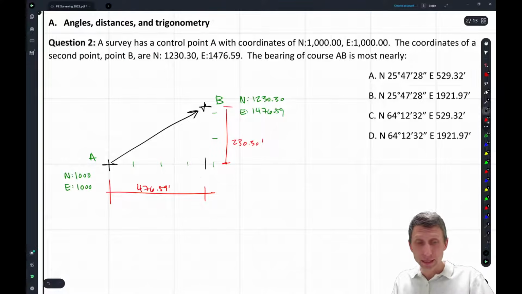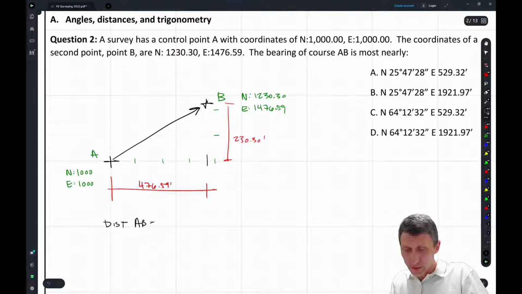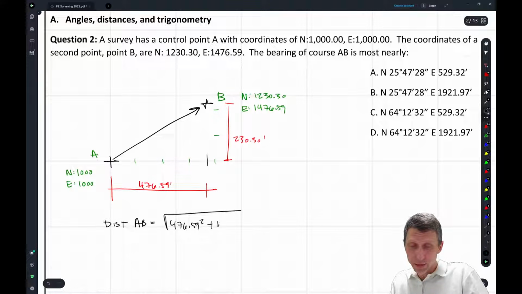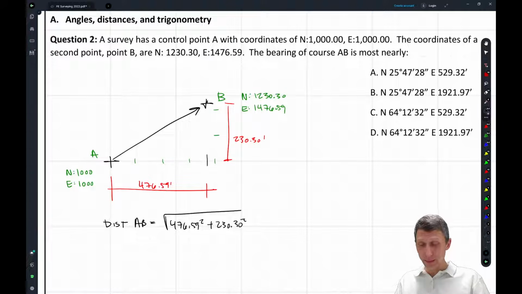So the distance of AB is just going to equal the square root of 476.59 squared plus 230.30 squared. Okay, so this is just Pythagorean theorem. We're solving for a distance here.